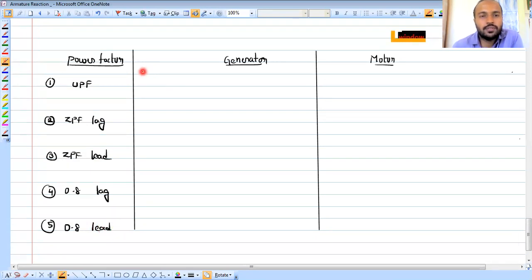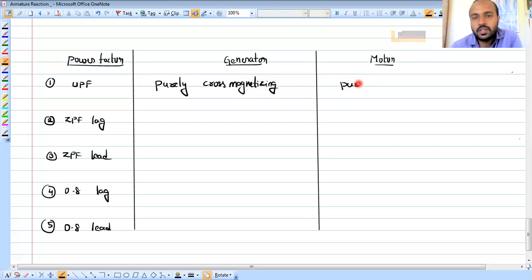Okay, for these different power factors already we have seen. In case of unity power factor, what is the effect? It is purely cross magnetizing effect. So here also, in case of motor also same, it is purely cross magnetizing effect.